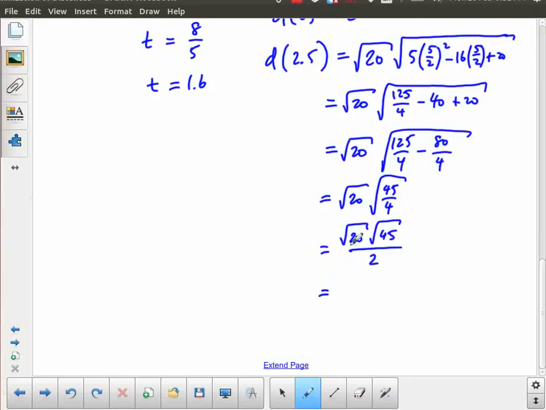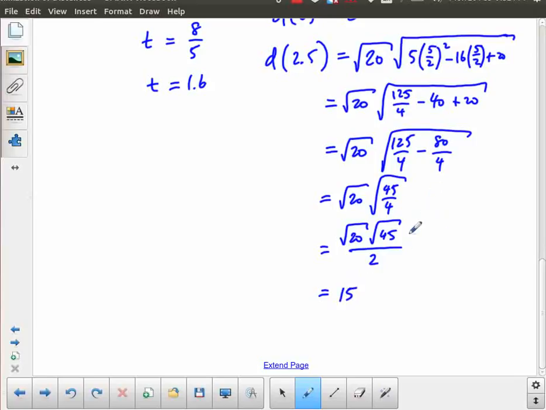And I think we can stop kind of dancing around this for now. Let's just find out what this value is equal to. So we've got the root of 20 times the root of 45 divided by 2. And that's equal to, well, look at that. It actually works out to be equal to 15.